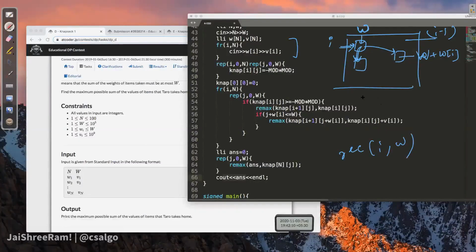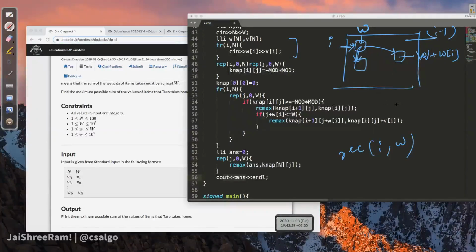We had a 2D array in which we were filling up the values. So instead of filling up the values through a recursion or a function, what we are now doing is just calculating that table itself, because that table was going to give us the value anyways, right? And from a particular state I comma W, I can either not take it, or I can take it. So these are the two states.